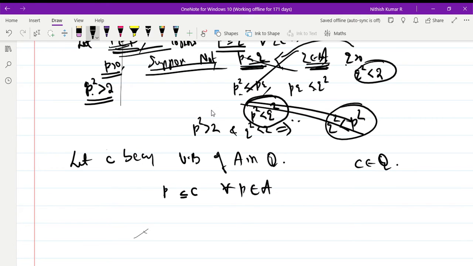Now since P belongs to A, P is always greater than 0. Therefore C is also greater than 0.